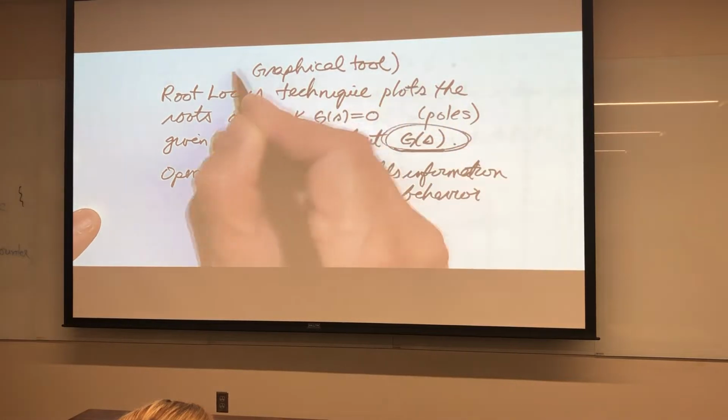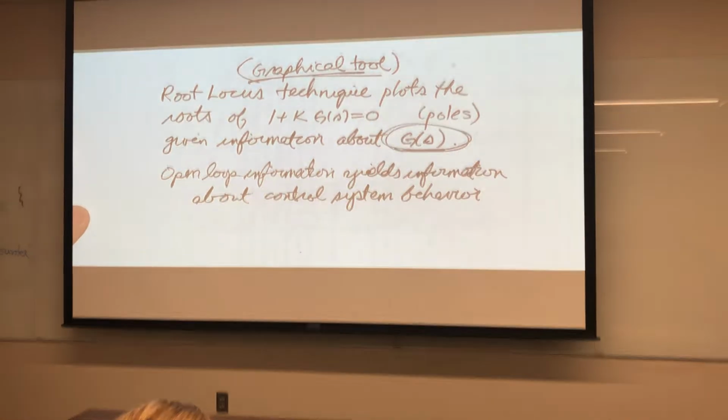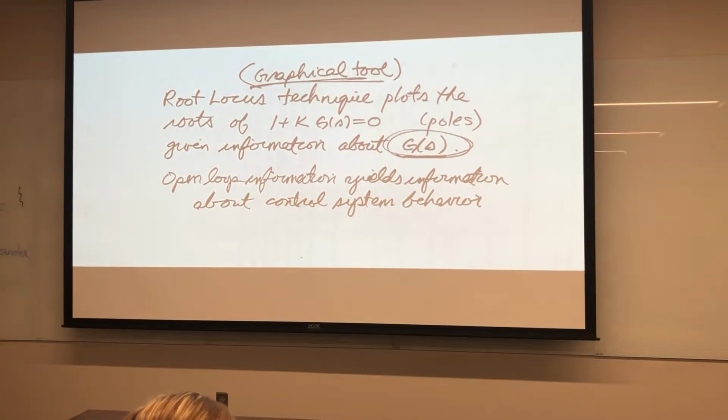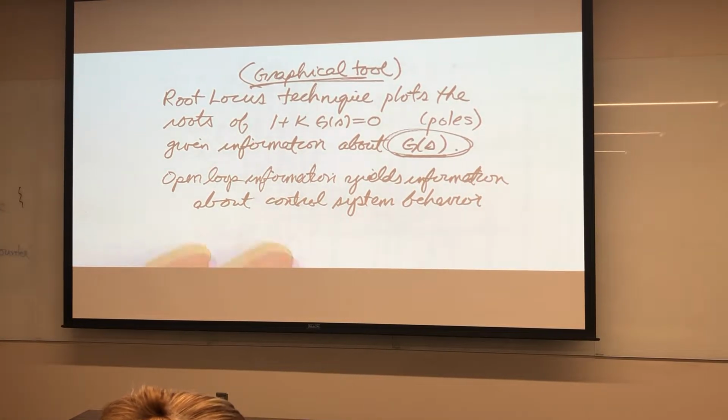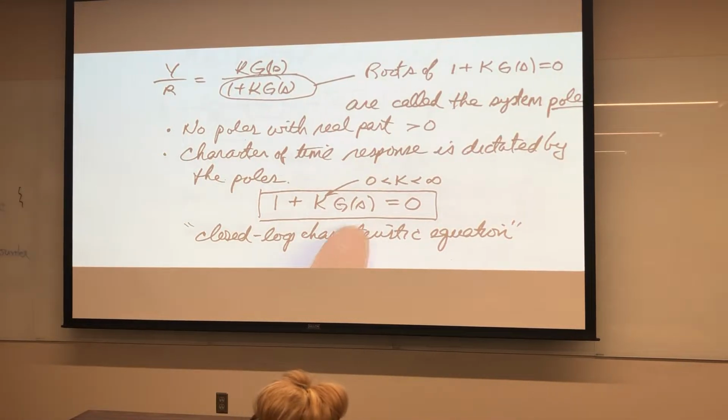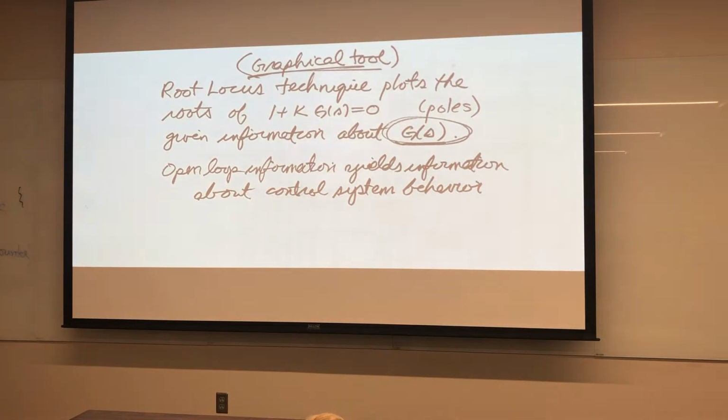It's a graphical tool because it plots something. Today we're going to plot the root locus, but we're not going to use the tools. We'll learn that when we come back Wednesday and Friday and so forth. Today we're going to do the brute force long way: calculate this for one example.